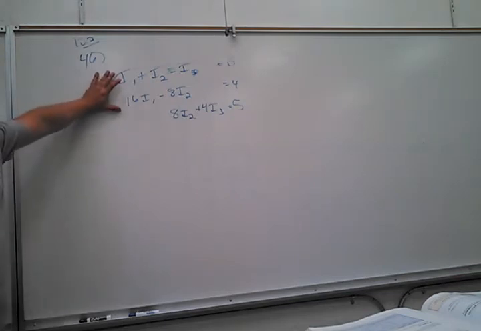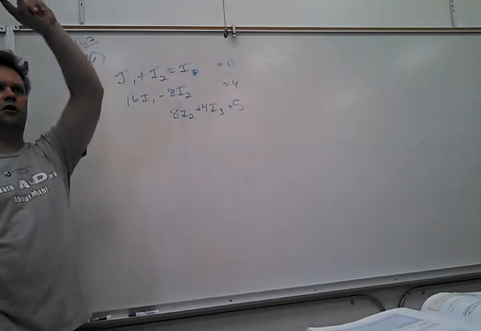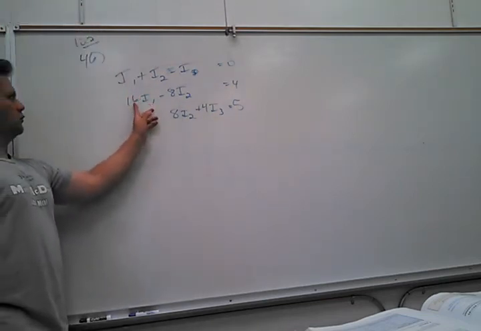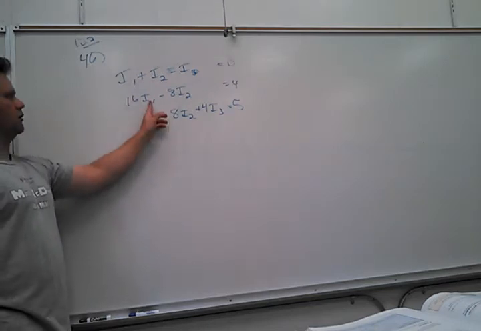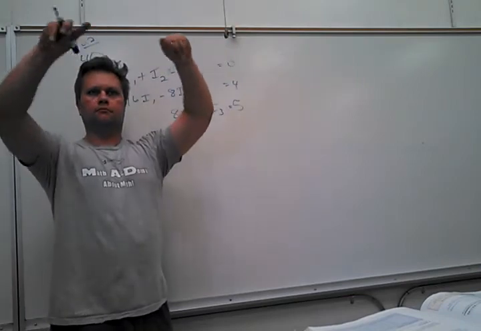I don't know if anybody took the time to look and compare where these things might have been coming from, but Kirchhoff says you take any closed loop, and if you multiply the voltage times the resistance and the current, they'll have to add up to the total voltage allowed on that loop.